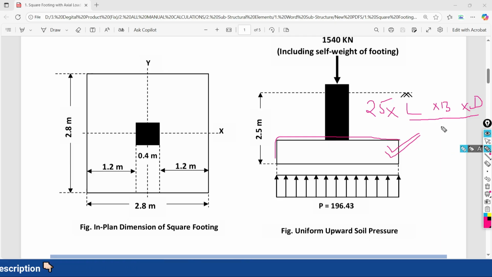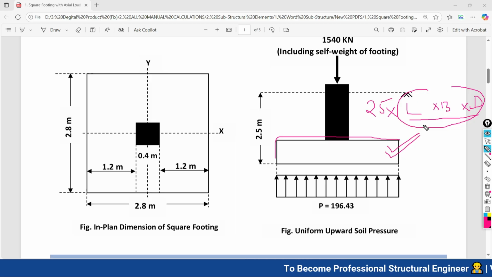But at this time we don't have all this data. We do not know the length, the width, or the depth, so we cannot calculate the self weight of the footing at the preliminary stage.